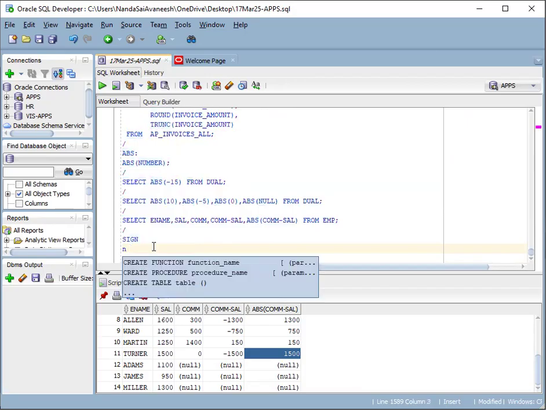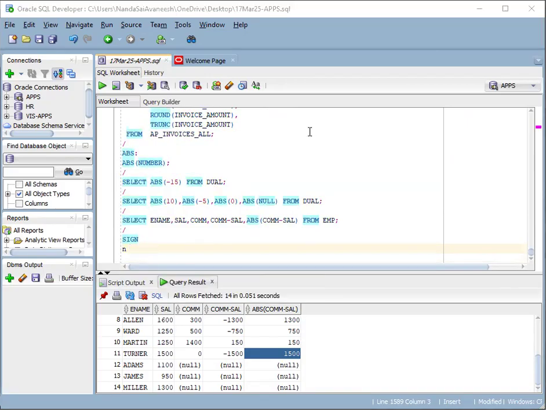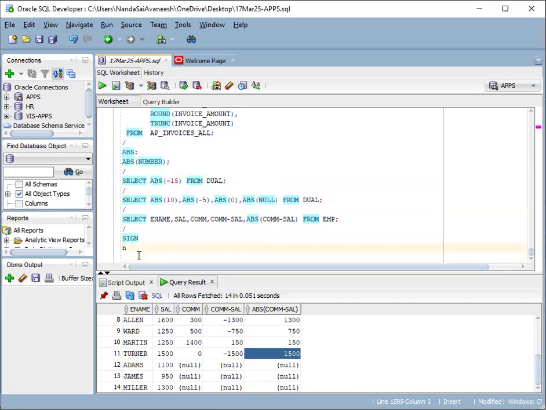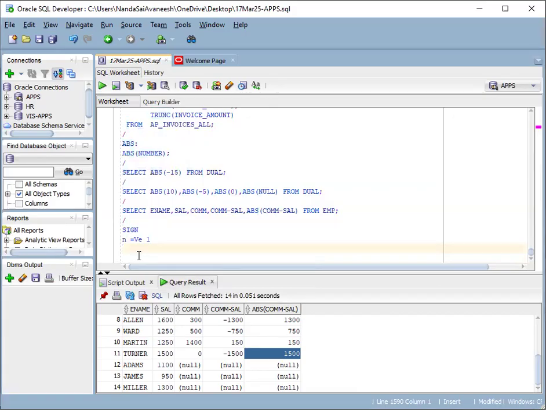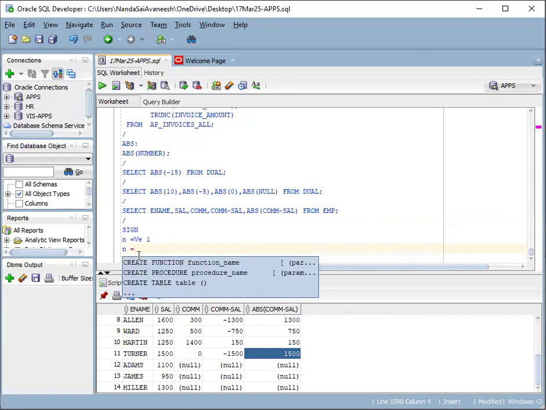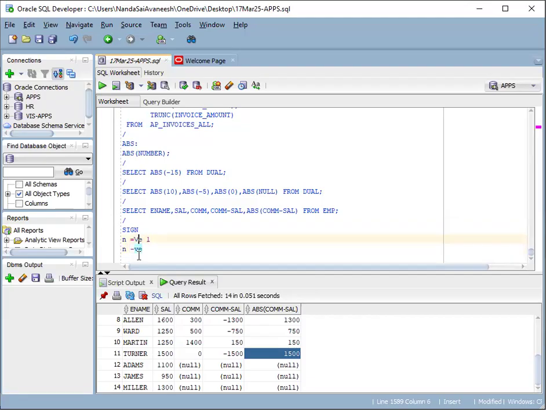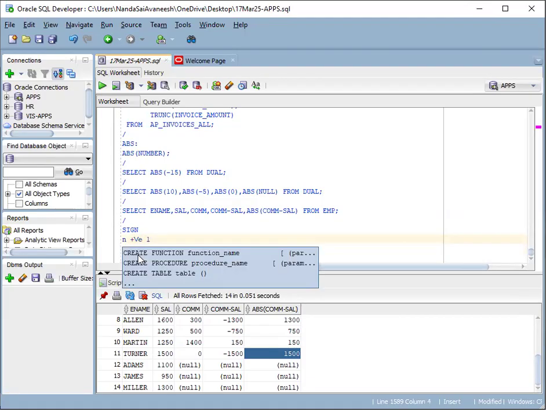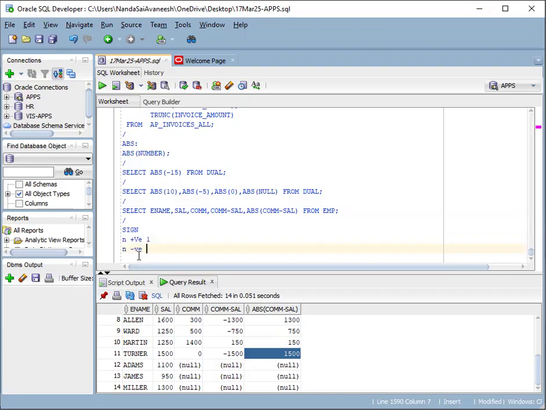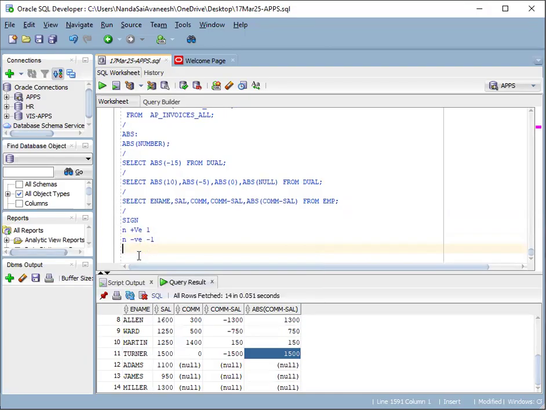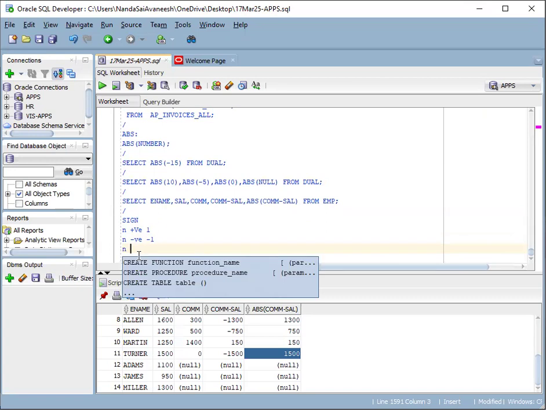Suppose the n value is positive, then it will give 1. If the n value is negative, it will give -1. Same way if n is equal to 0, then it will give 0 only.